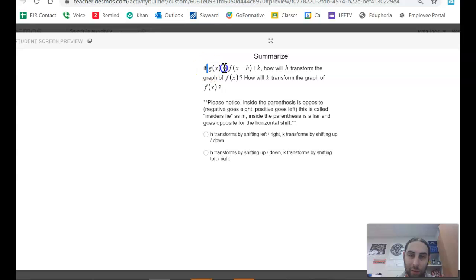So notice this is our total function. f of x minus h is in parentheses, plus k is after it. Remember, h on the inside is a liar. So h shifts left, right. K goes up and down. And this one's backwards. So remember, inside the parentheses is left, right, h. K outside the parentheses is up and down.